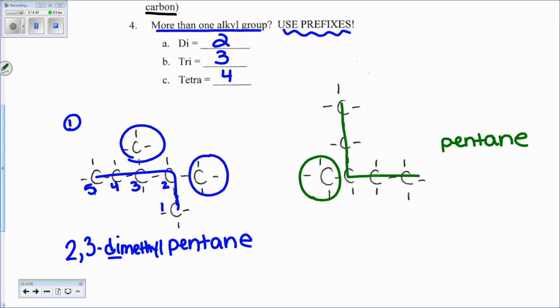I've got 1 thing hanging off, methyl. And I have to do the location. No matter how I name it, I can go 1, 2, 3, 4, 5, or I can go the other way. Either way, it's the same. It's going to end up on the 3. So this is 3-methylpentane.